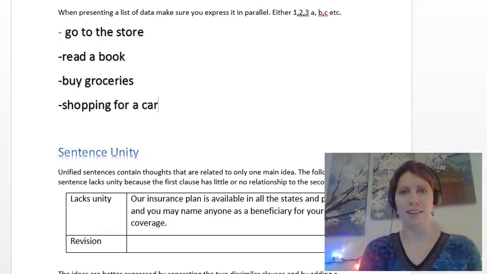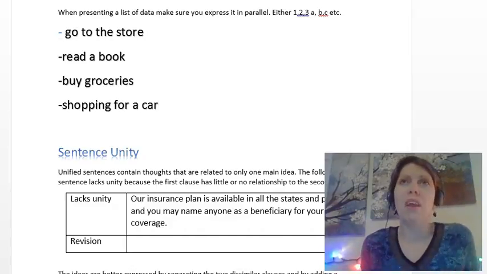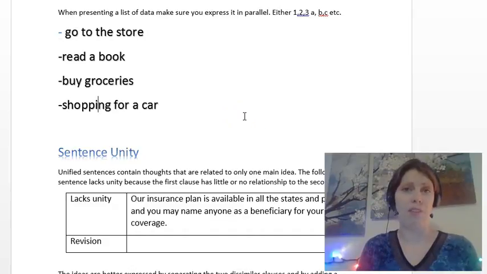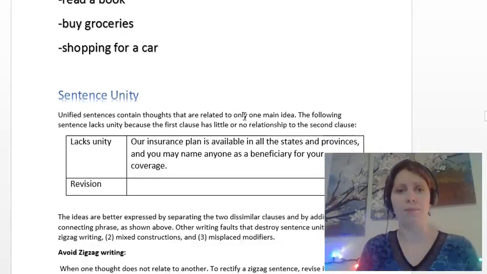Okay, this list is not in parallel. There's some parallelism, but not a lot. Why? As you can probably guess, because this word doesn't match the structure of the others. So just be aware of that when you're making lists.